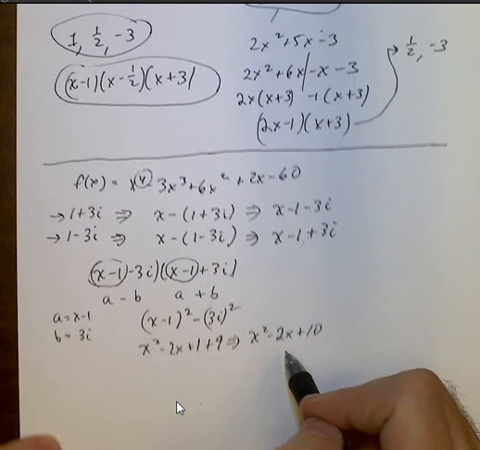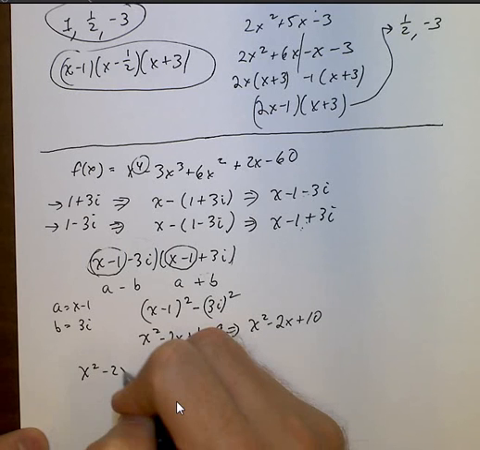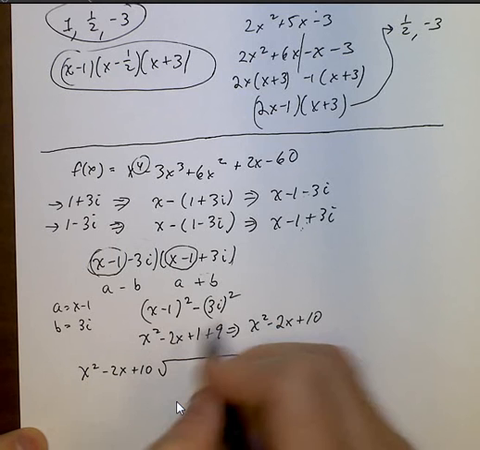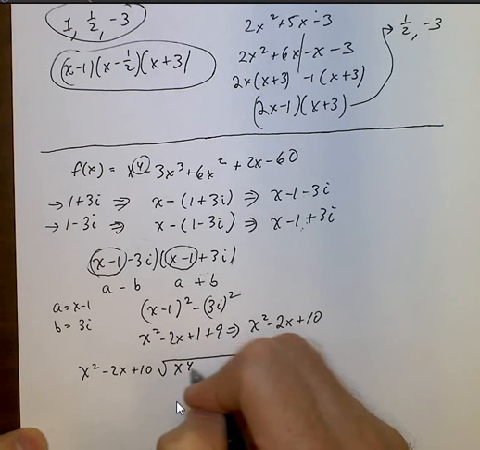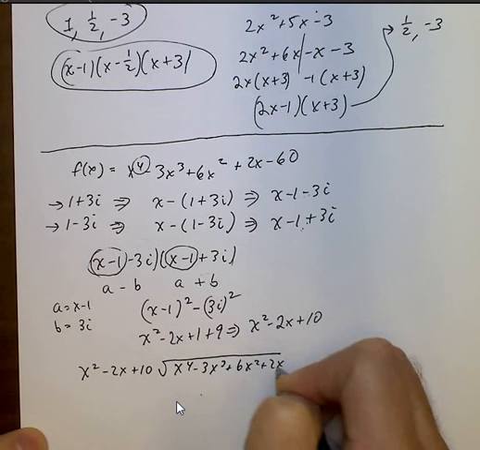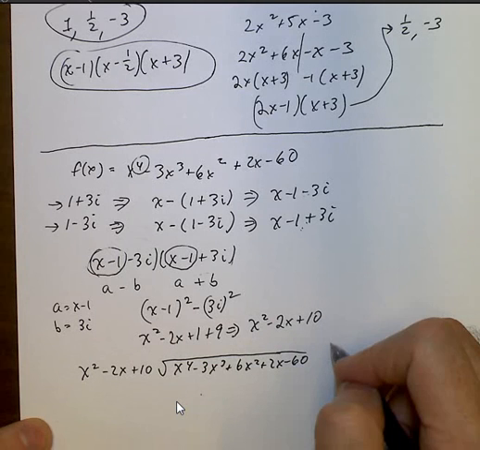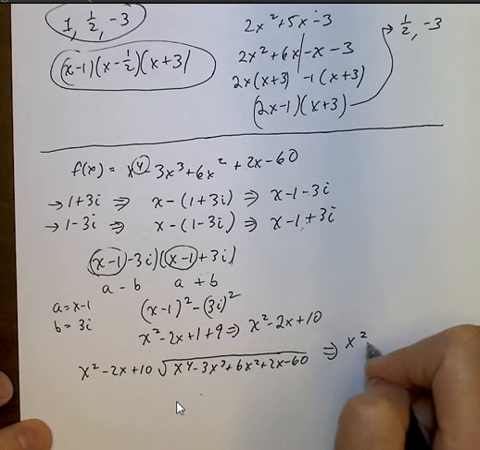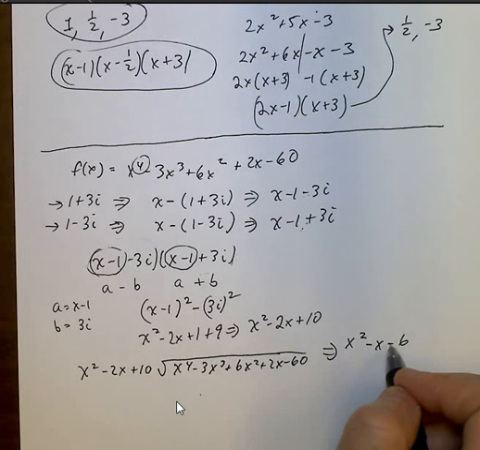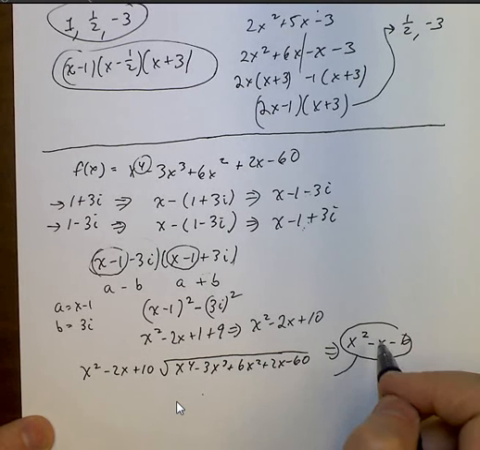Okay, the next step, I'm going to take that result and I'm going to long divide it into the original. Now I'm not going to run that long division here, because you all know how to long divide. But when you do that long division, you wind up getting x squared minus x minus 6. And it's this answer of x squared minus x minus 6 that provides for you the last two zeros.